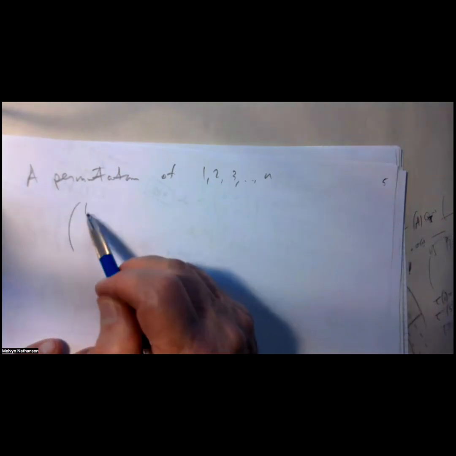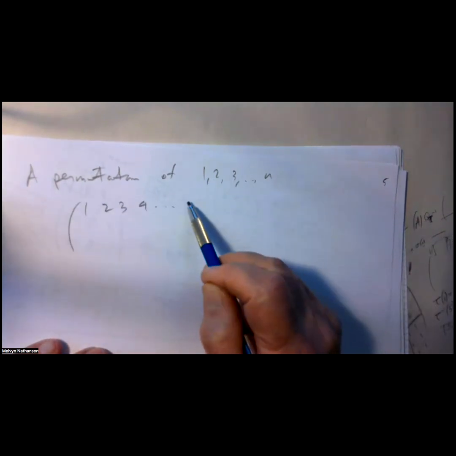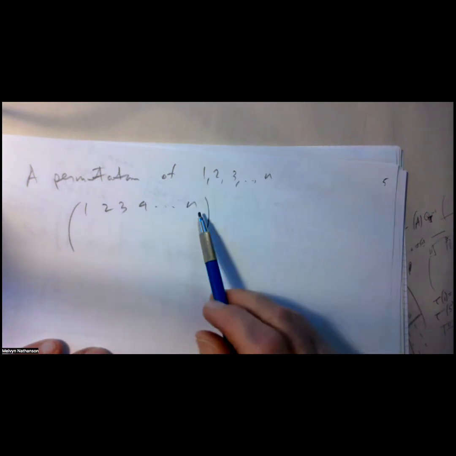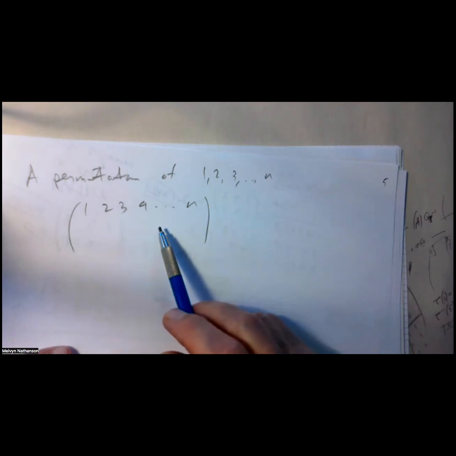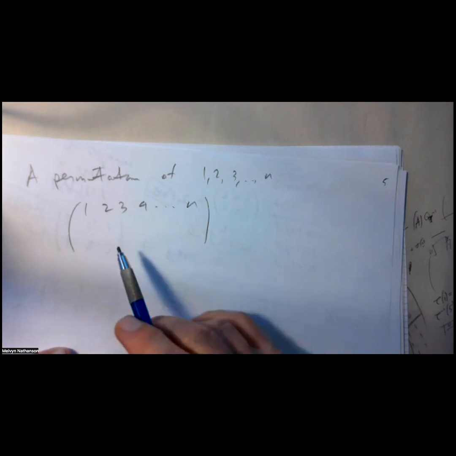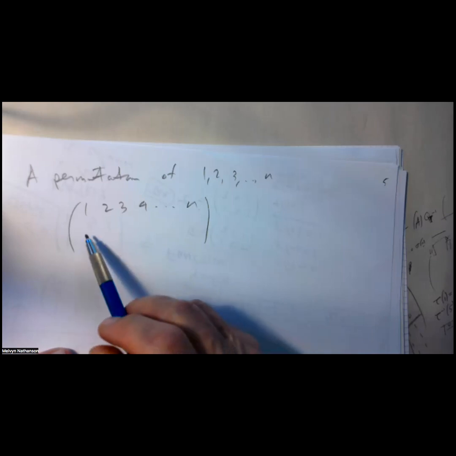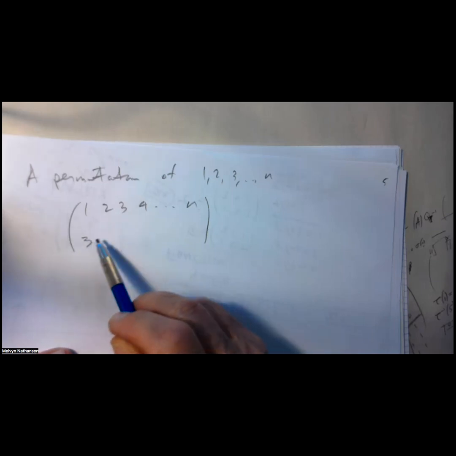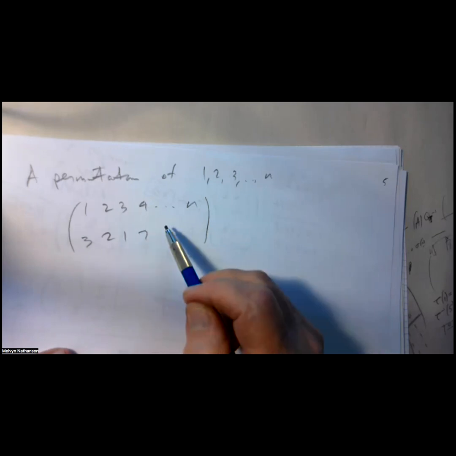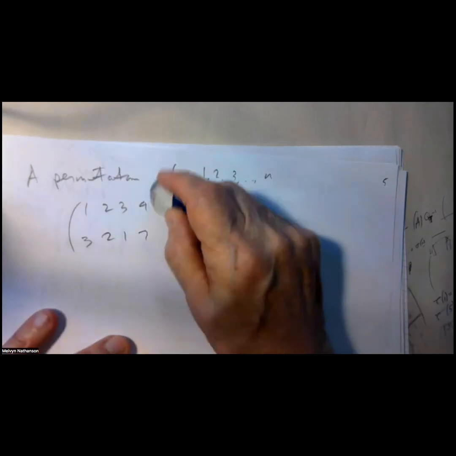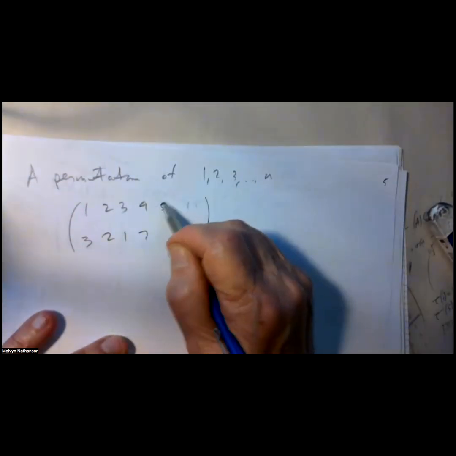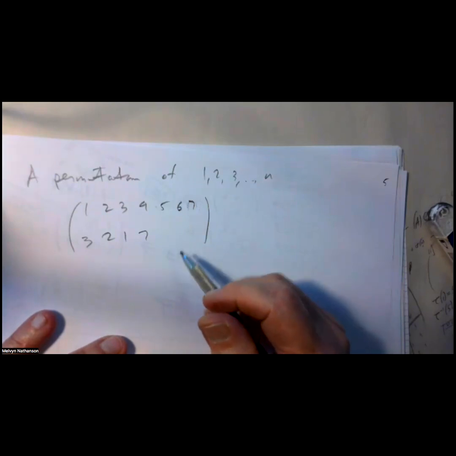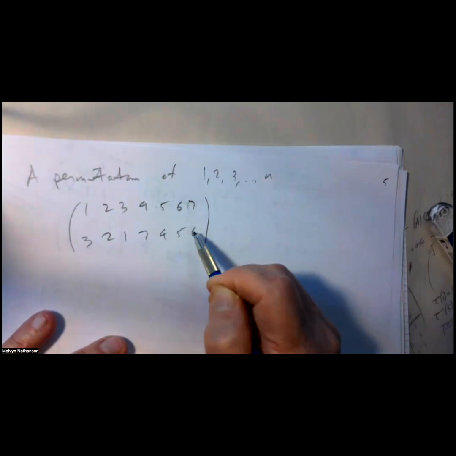So we write the numbers from 1 to n in the first row of a matrix, and the second row of the matrix is where each number gets mapped to. So suppose we had the permutation 3, 2, 1, 7, 4, 5, 6. This is a permutation of 7 objects.